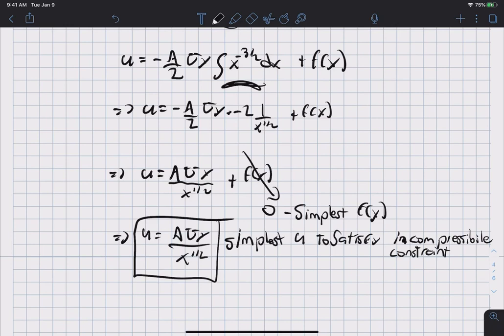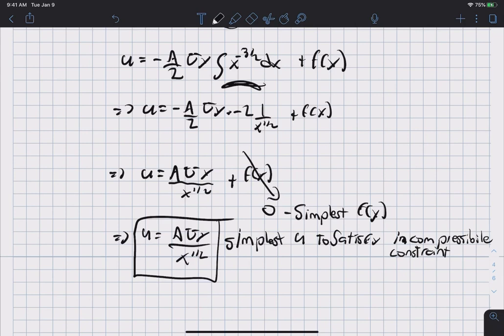Okay, and so if you're given a homework problem and you're asked to find the simplest function of u or v or w to satisfy the incompressibility constraint, I expect you to show this step and basically argue that. And so that is it for this example.